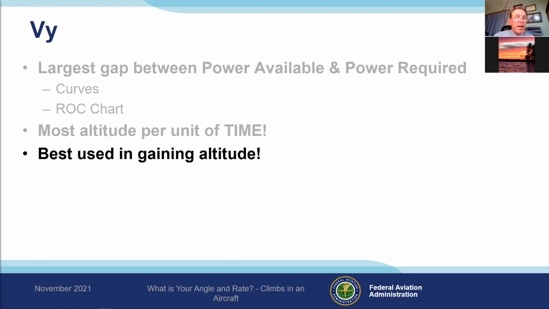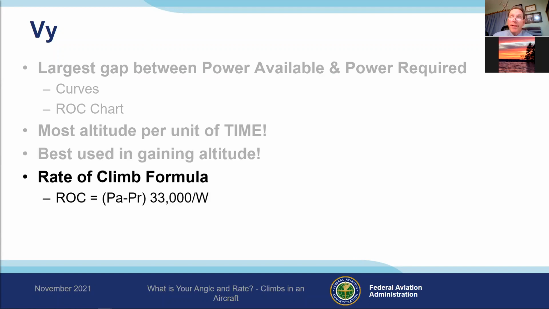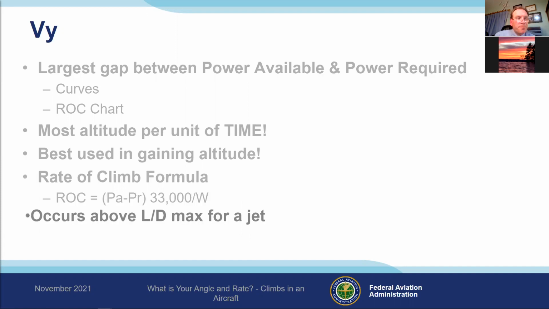You want to get as high as you can, as quickly as you can. That's something to recognize: if you're doing a high altitude climb, you're probably going to need to go a little bit slower. It is interesting, you can play a few little games with this by using the rate of climb formula, which is basically the difference between the power available and power required, multiplied by 33,000 divided by weight.